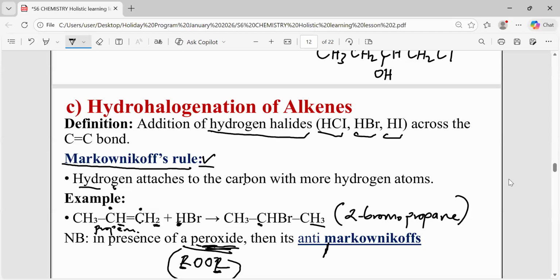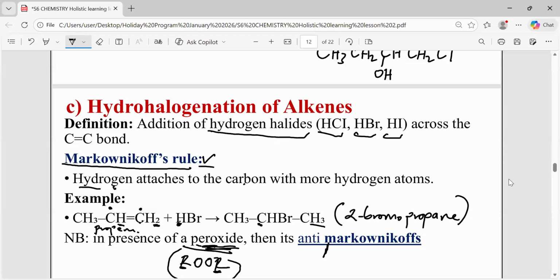Markovnikov's rule, you'll find out, we apply in reactions which involve hydrogen, maybe hydrogen with another atom, maybe hydrogen and water. The way the rule states it, it is specifically talking about hydrogen.